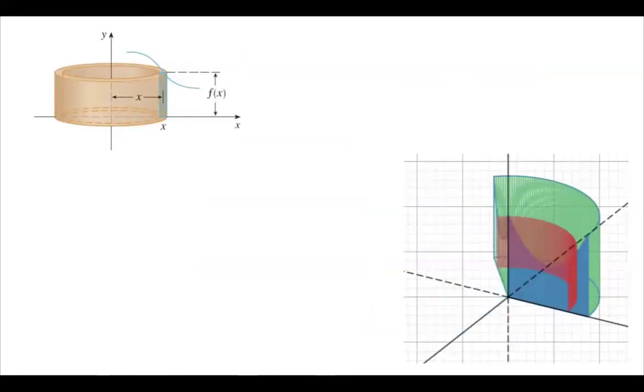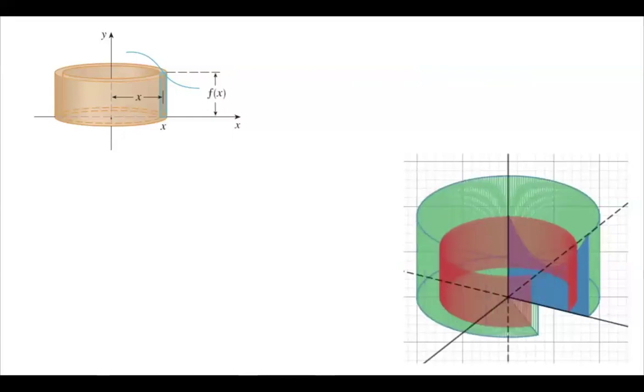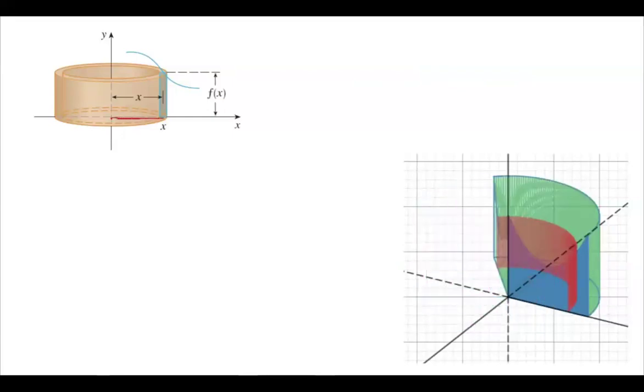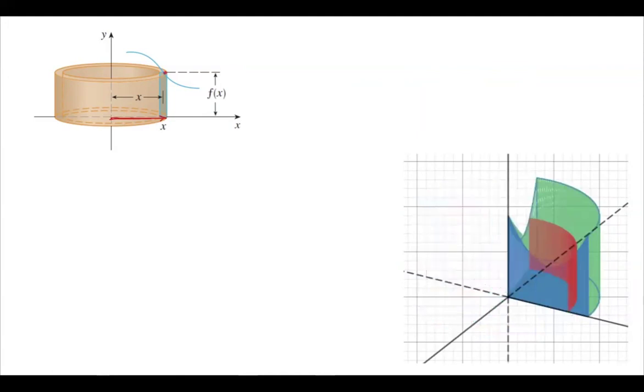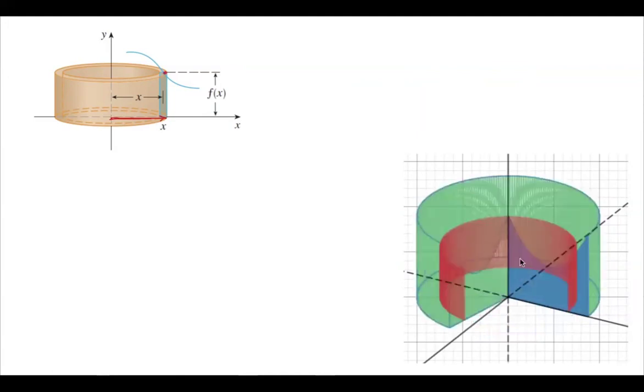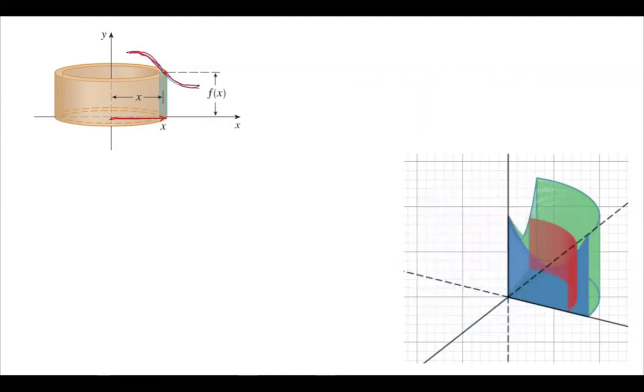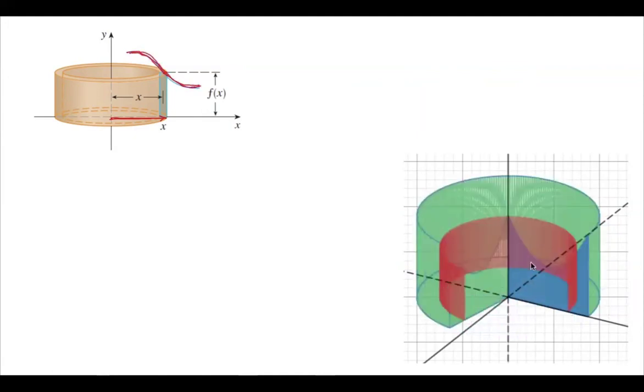So considering a cylinder, the length on the x-axis is 0 to x, and the height is given by the function f of x. f of x represents this curve that you're trying to revolve about the y-axis.